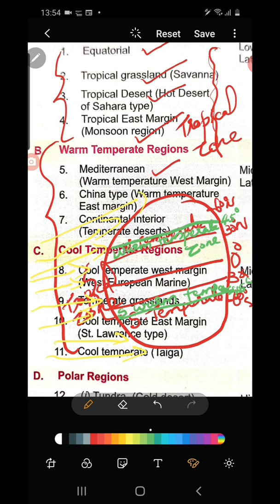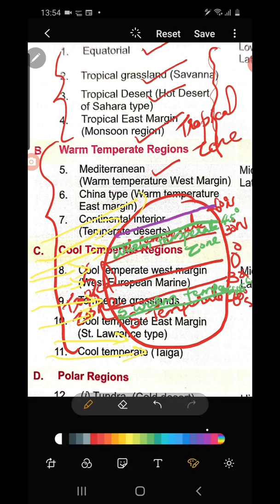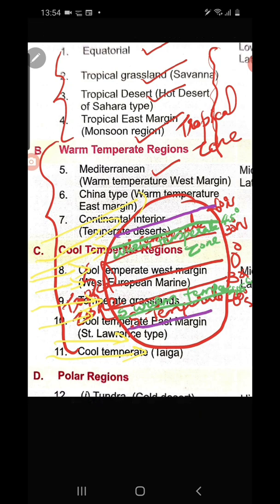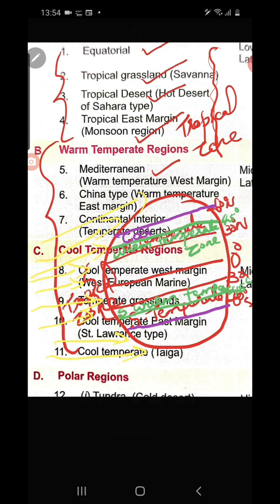Again, when you reach the 45 to 60 degree region, it becomes cold because it is coming closer to the polar region. Here also, at 45 to 60 degree it is becoming cold. That is why the temperate zone which lies between 45 degree to 60 degree is termed the cool temperate zone.